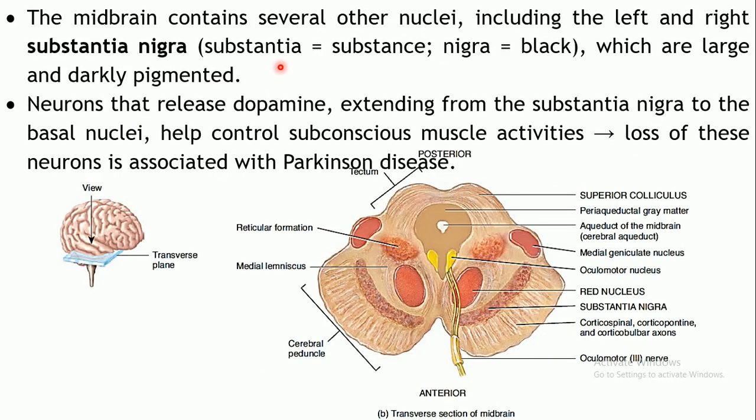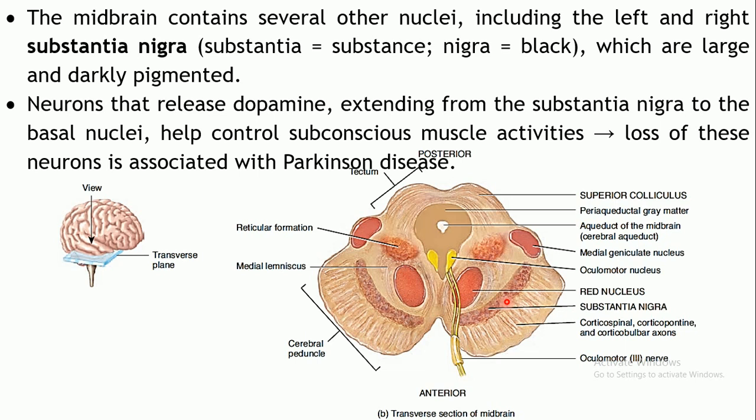Now apart from this, the midbrain also comprises other nuclei like the substantia nigra, meaning black substance, because it is slightly dark in appearance. The neurons which release dopamine extend from the substantia nigra towards the basal nuclei.